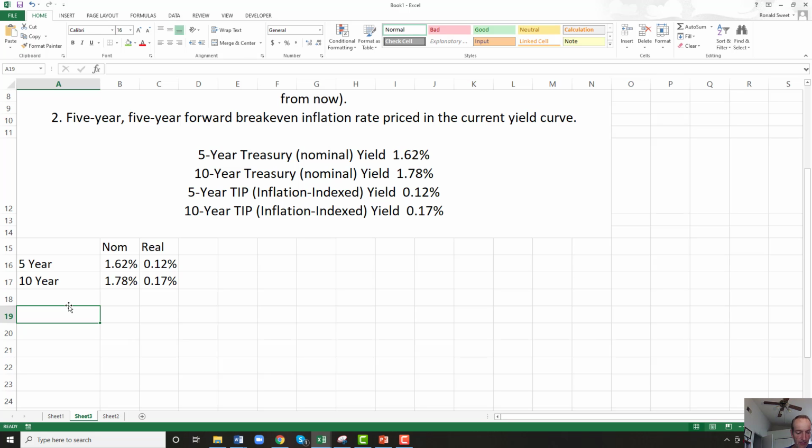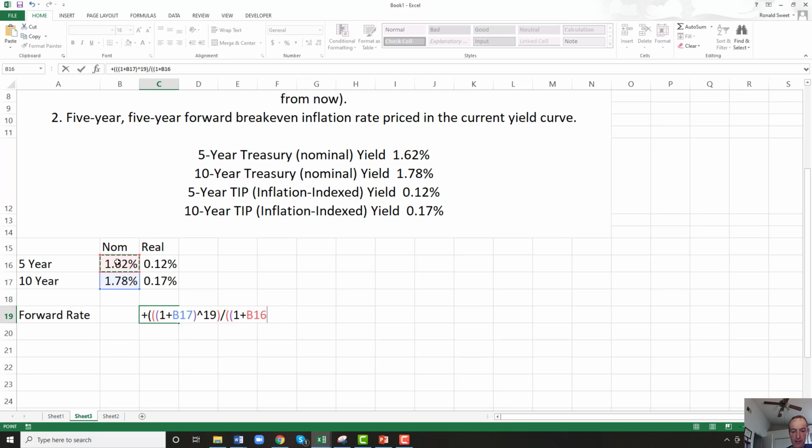The first thing we do is the forward rate. Remember, for the forward rate: 3 parentheses, 1 plus the 10-year, raised to the 10, close parentheses, divided by 2 parentheses, 1 plus the 5-year, close parentheses, raised to the 5th, close parentheses, all that raised to 1 divided by open parentheses 10 minus 5, minus 1.